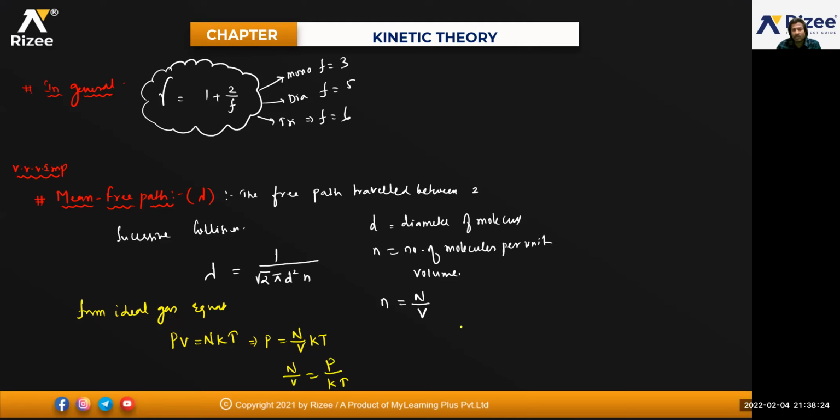So now if I'm writing the formula for lambda, lambda is equal to 1 by root 2 pi d square into n, which is N by V. So in terms of volume and number of molecules, this is one formula.